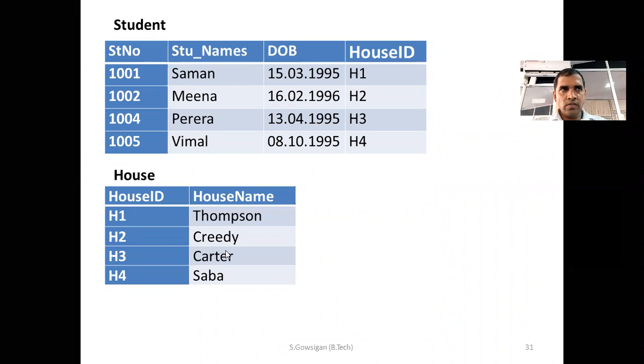Is it STNO in the student table? Yes, sir. Okay, let's check whether it is correct or wrong.